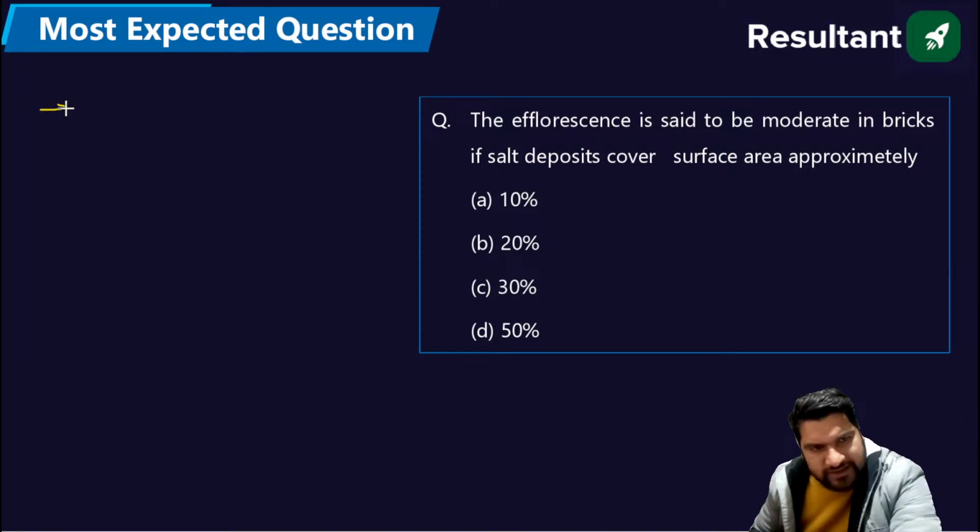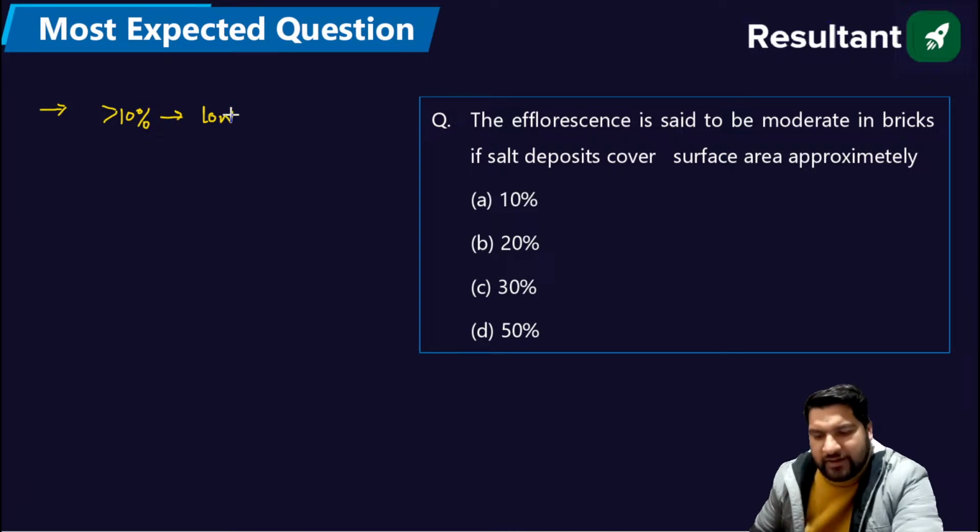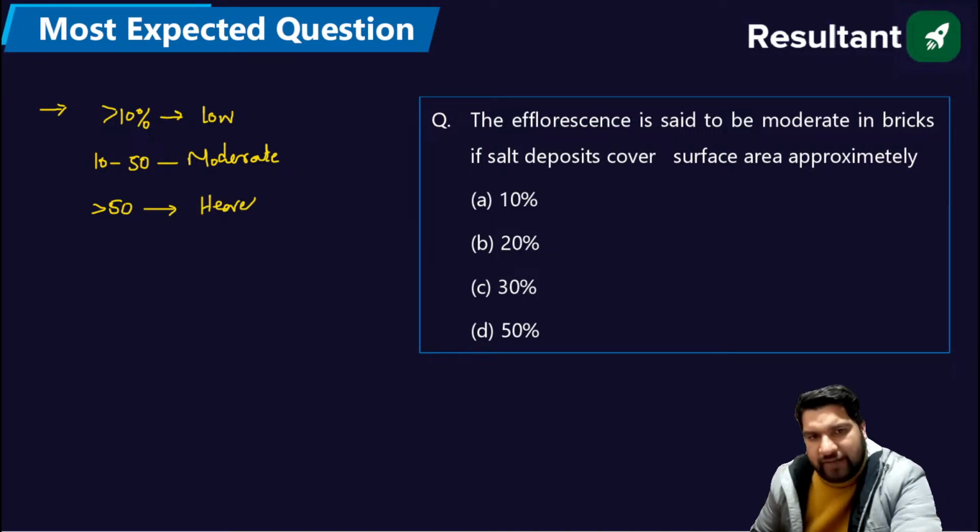Guys, if we talk of the efflorescence, when the deposit of salt is less than 10%, this is the low efflorescence on the brick. And if the efflorescence is 10 to 50%, it will be the moderate efflorescence. And if the efflorescence is greater than 50%, it is called heavy efflorescence.